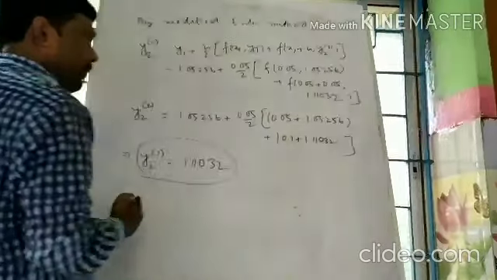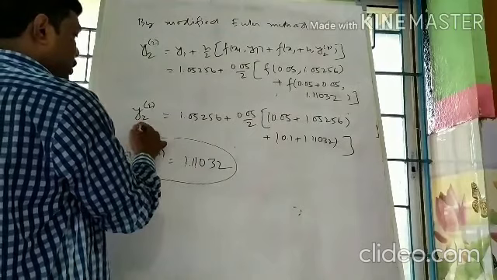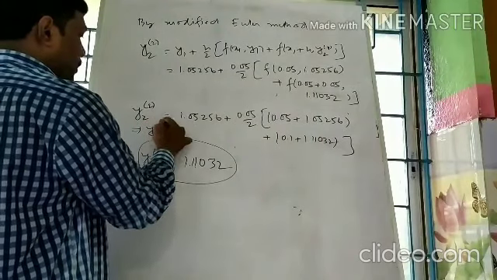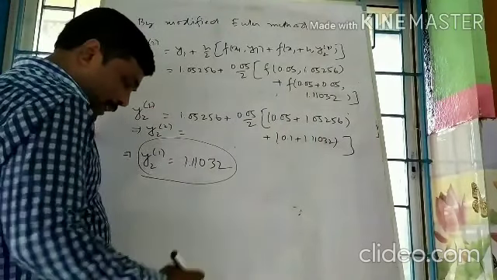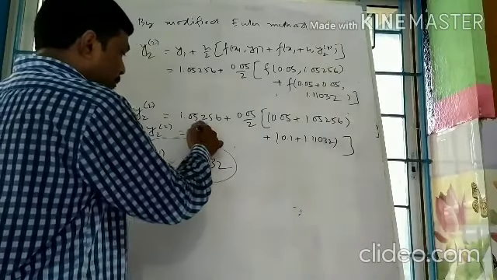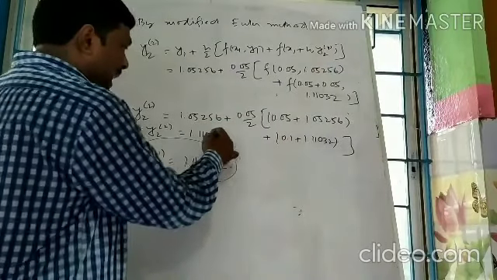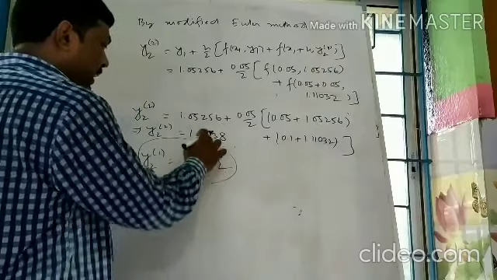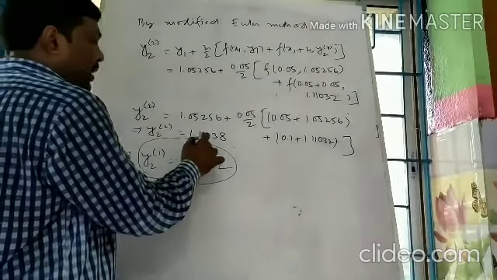Okay, just simplify. So this is y22, and y22 is 1.11038. These are not equal, correct up to 4 decimal places.